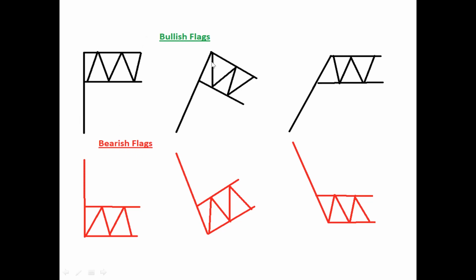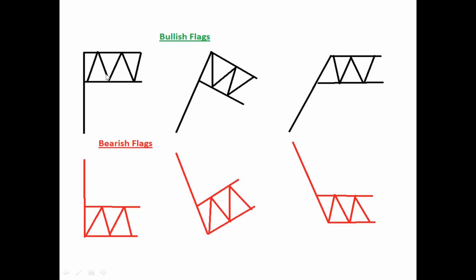We may have a flag which looks like this. So these are the variations of flag. These three are bullish flags because they form in the uptrend. We have a sudden up move, then consolidation, and then the breakout to the upper side, right?